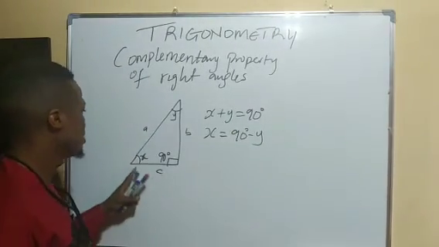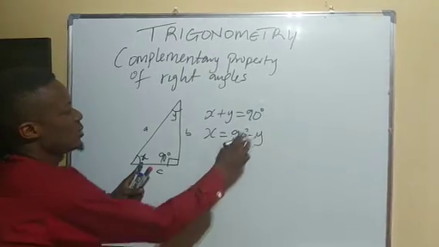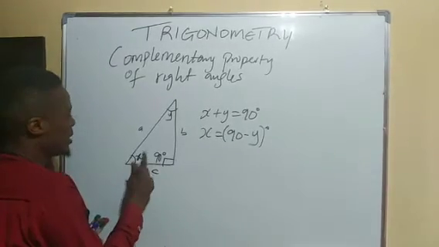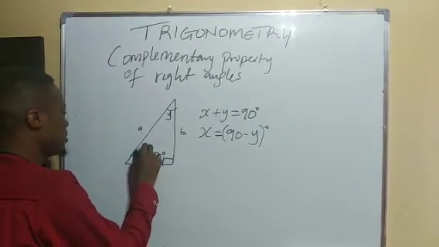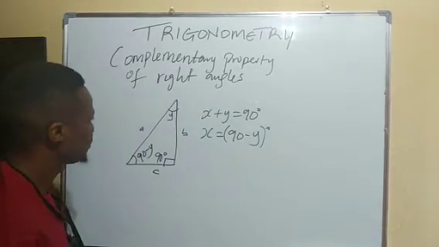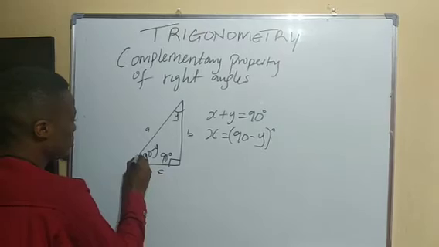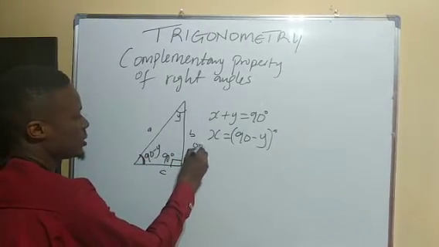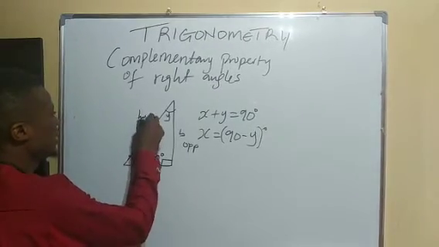So this place I'm seeing x, I am free to put 90 degrees minus y, or 90 minus y degrees for the value of x here. So I can jettison this x and plug in 90 minus y in degrees. Okay. Now, assuming this is the angle I'm concentrating on, it now means that here is the opposite to this angle, while here is the adjacent and here is the hypotenuse.